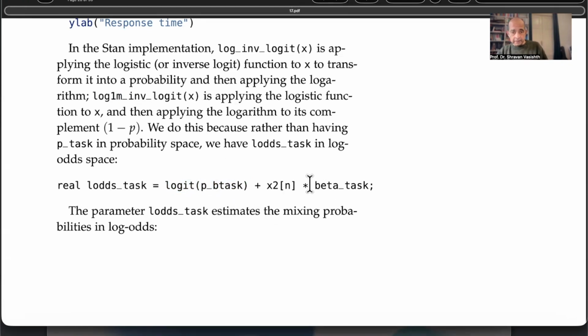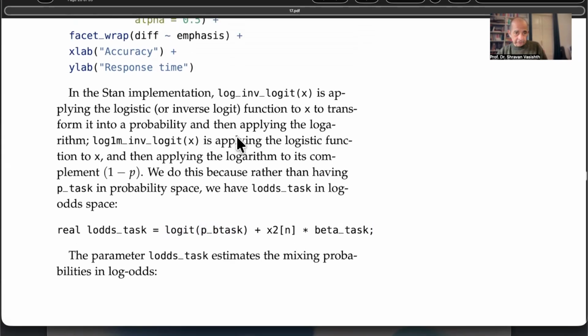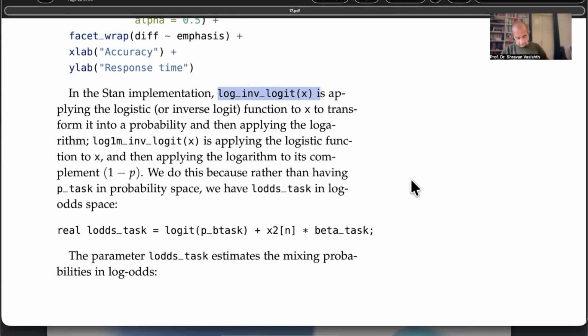And then this is already in log odds space: the prior is defined on beta task, and that prior is assumed to be in log odds space. So in the Stan code, we'll be using this function, and these other functions will also turn up for back transforming to probability space. You should become familiar with this issue, so I should say this one more time.